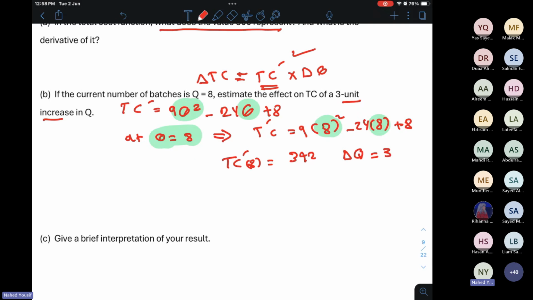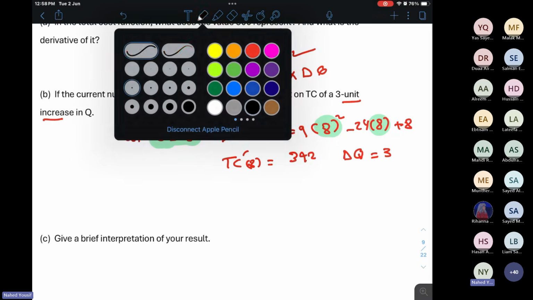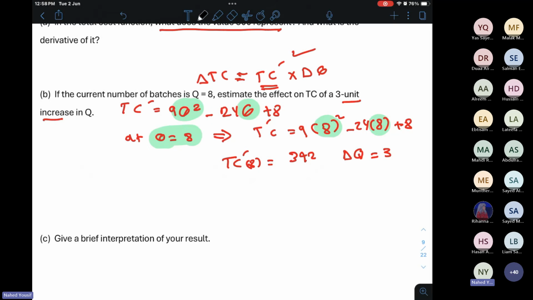So the approximate change, or the effect, will be TC dash times delta Q, which is 392 times 3.